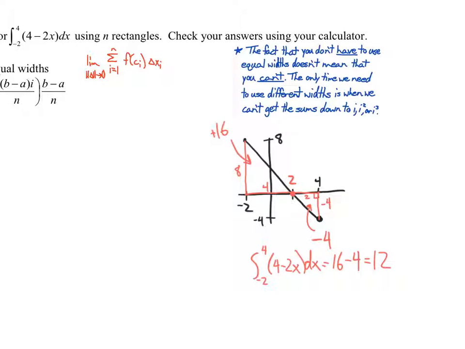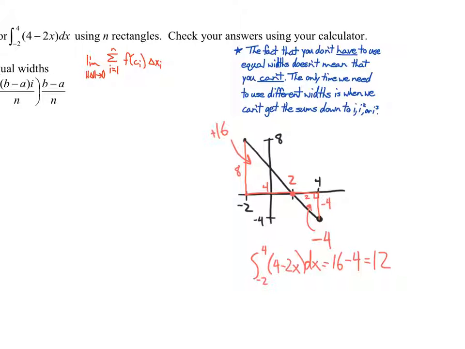Now we're going to find that using our limit process as well, just for some more practice. Since the area below is negative and the area above is positive, it'll cancel out some of it, and what we end up with is what's called a net area. It's kind of like when you get paid: you have your gross pay, taxes get taken out, and what's left over is your net.